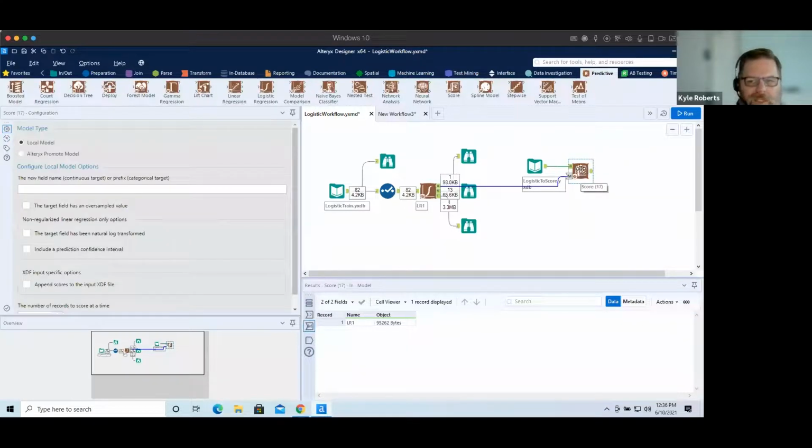All right, we do want to configure this a little bit. Alteryx is going to make 2 output fields for us, and we want to name them because we don't want Alteryx to just pick a name for us. So we're going to name this readmit, and then admit.